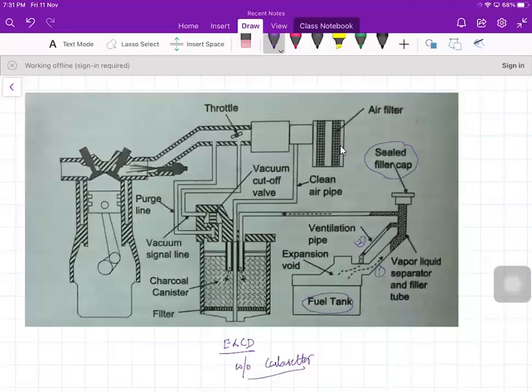Through the modes of heat transfer, the temperature of the fuel tank gets raised.